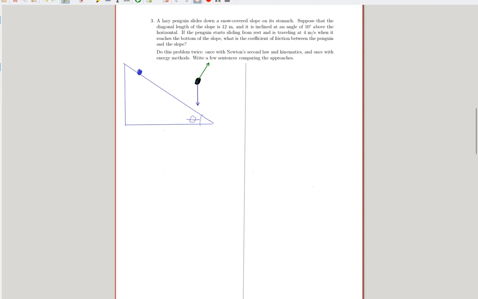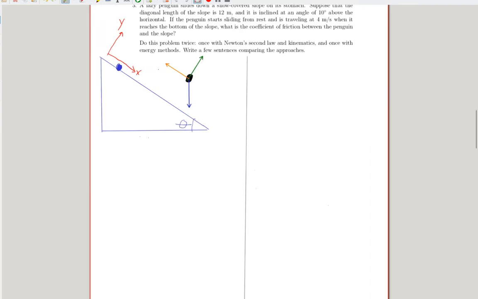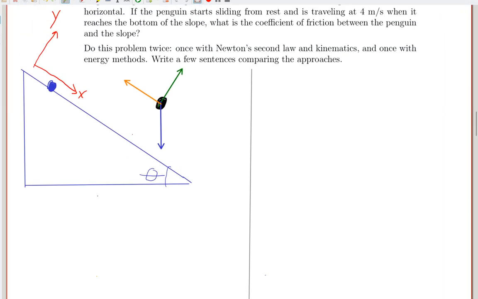And I'm going to have a frictional force going back up the slope. Now, in this problem, it makes sense to choose a coordinate system that is aligned with the slope. So I'm going to choose y to be that way, x to be that way. And that means that I need to decompose the gravitational force into components.